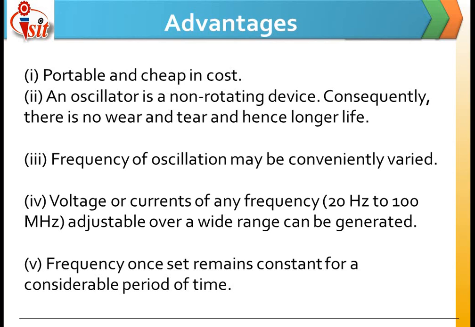Voltage or current of any frequency from 20 Hz to 100 megahertz, adjustable over a wide range, can be generated, but the minimum limit related to the basic criteria for oscillation generation is up to 1 megahertz. Then the frequency, once set, remains constant for a considerable period of time.